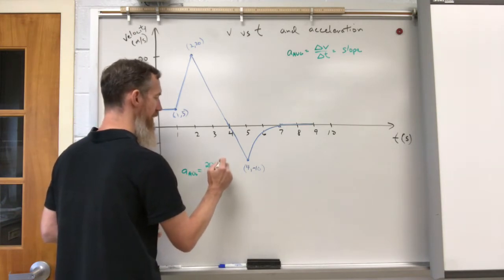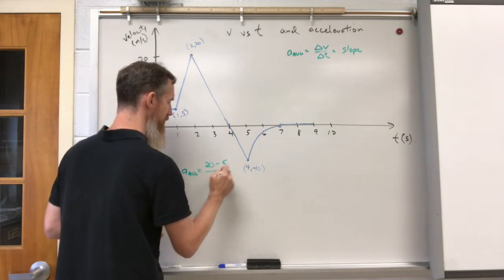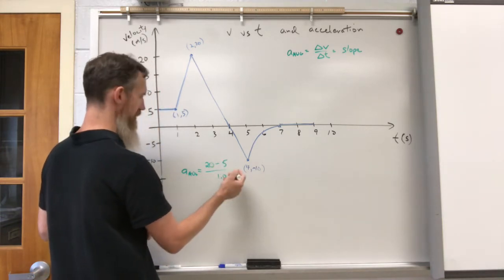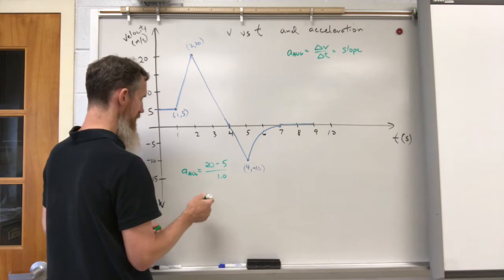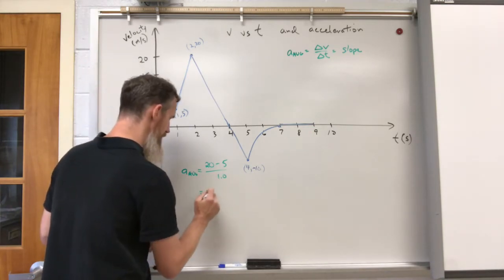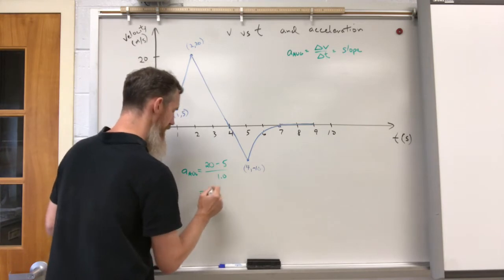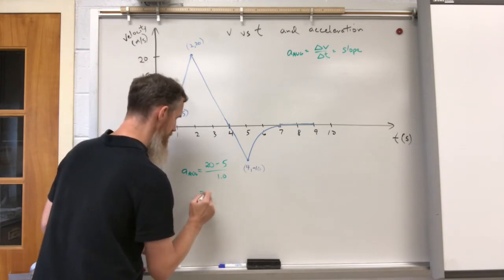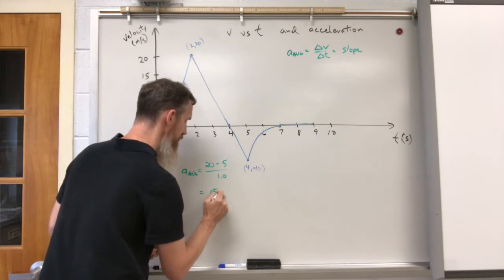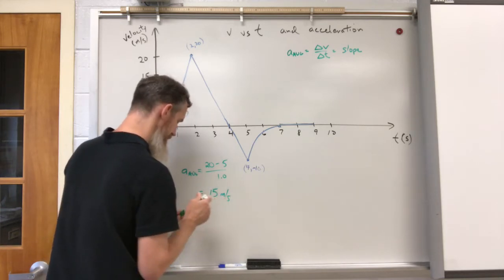We started at 5 meters a second, and we did that in 1 second. I'm not really doing sig figs here too well, am I? And we end up with an average acceleration of positive 15 meters per second.